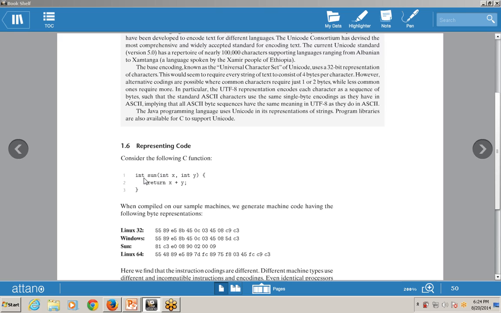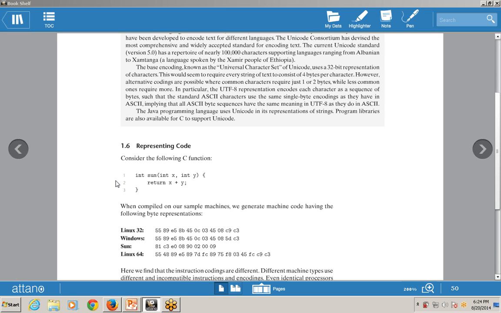This is the C function, that is int sum, int x, int y. First of all, int is your return type, means it returns the data in the form of int. Int means in the form of discrete value, that is a whole number, means there is no fraction in the sum.